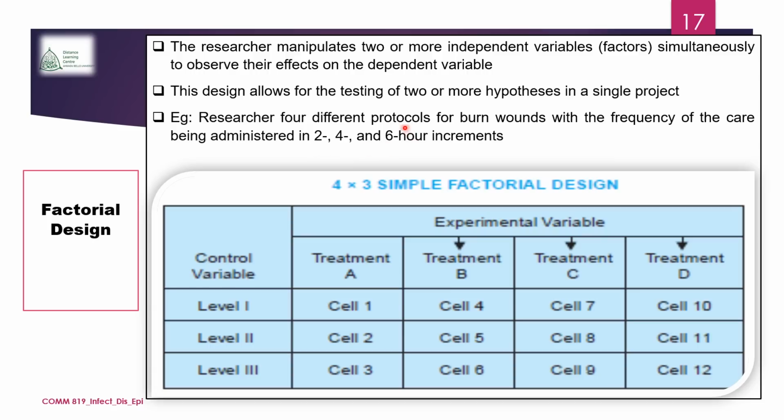So all this is time. You may put it in 3 levels, 1, 2, 3. So this is a 4 by 3 simple factorial, 4 treatments by 3 time levels. So cells 1, 2, 3 will receive treatment A, 4, 5, 6, it goes like that. So this is a simple 4 by 3 factorial design.